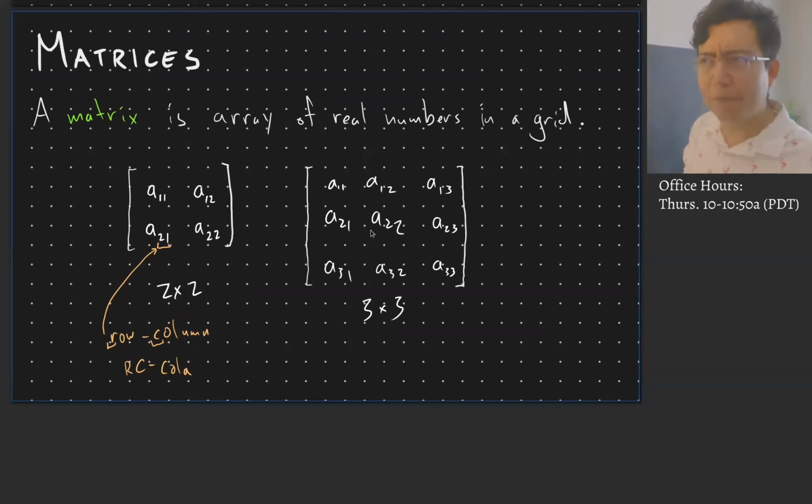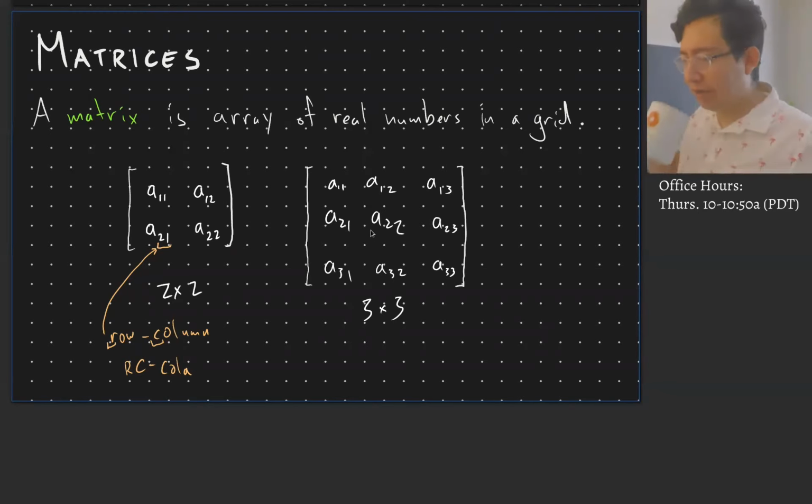So later on Monday, I think we're going to discuss how to multiply matrices. We're not going to get to that today just for time reasons. Today we want to focus on some slightly different stuff, but you are able to multiply matrices in certain conditions, which is a nice feature.